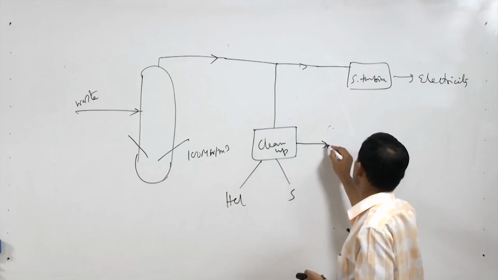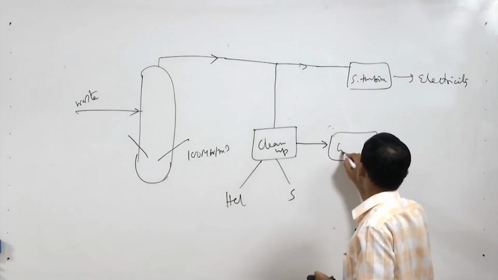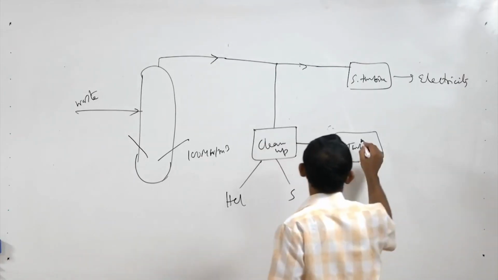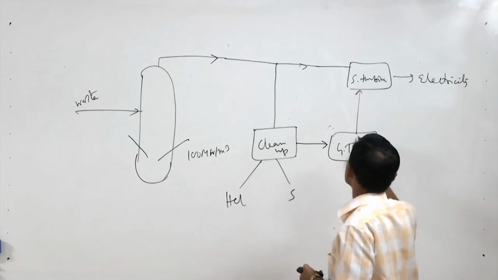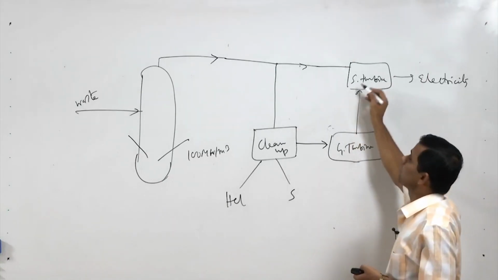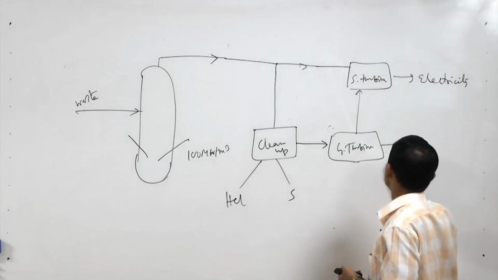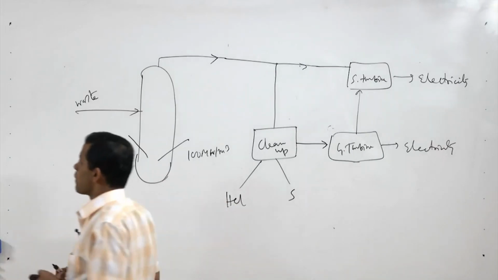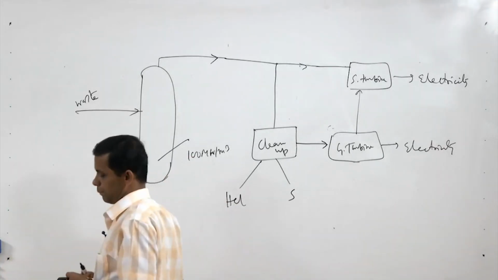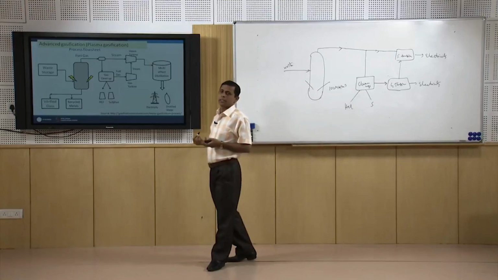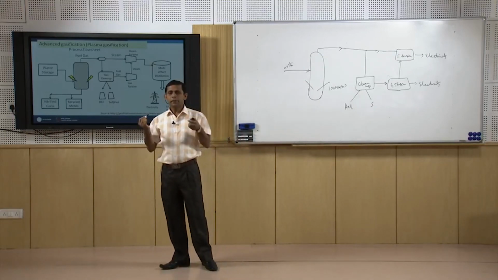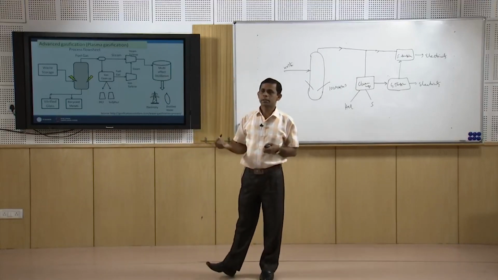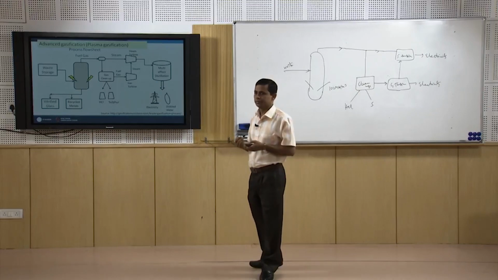The exhaust of the gas turbine will go for further combustion and steam production, and then we can get electricity. So this is the flow sheet of the plasma gasification process, and we have seen some differences between this flow sheet and the conventional gasification flow sheet, which we discussed in the first part of this module.